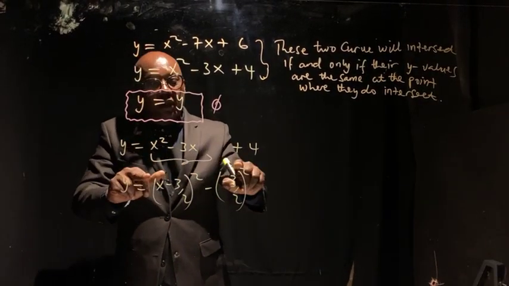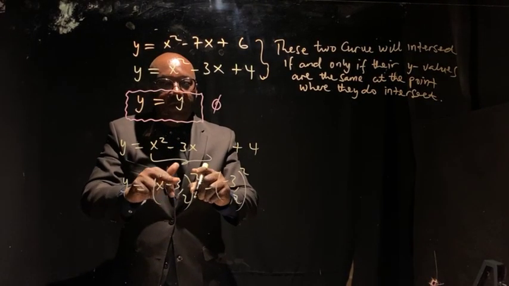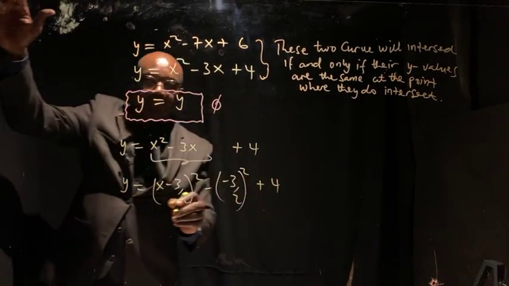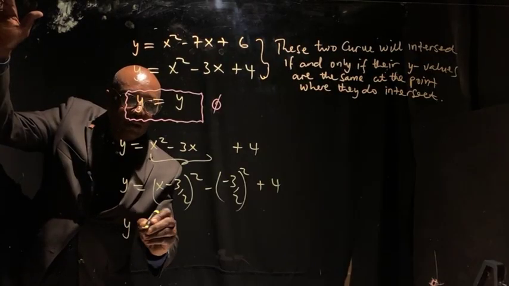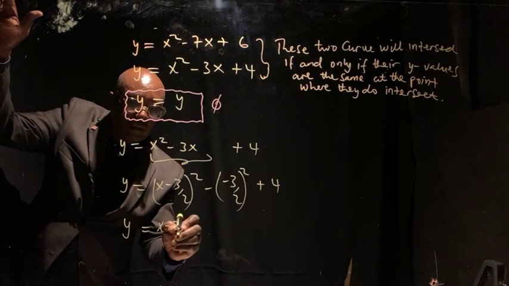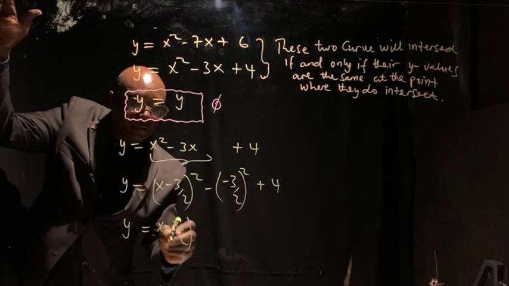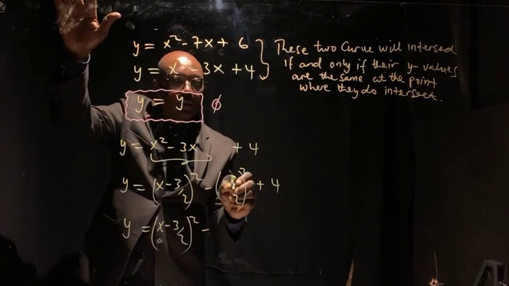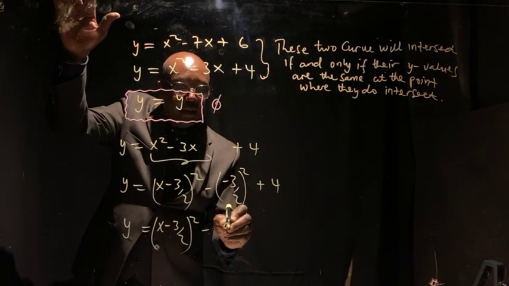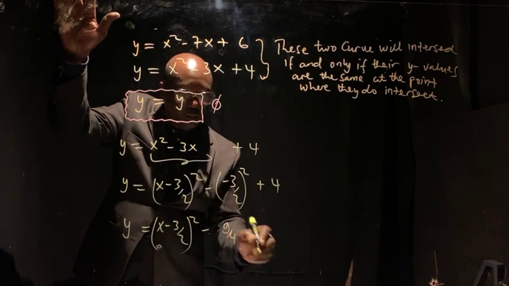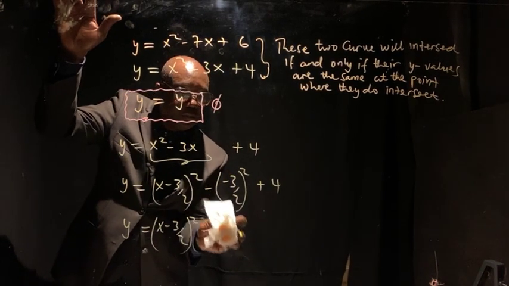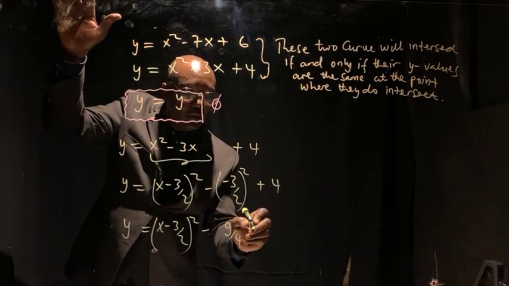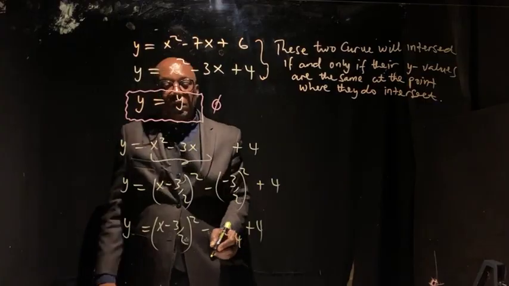This portion is this portion. We have completed the square, and then we have plus 4. So you have y equal x minus 3 over 2 squared minus 9/4 plus 4.